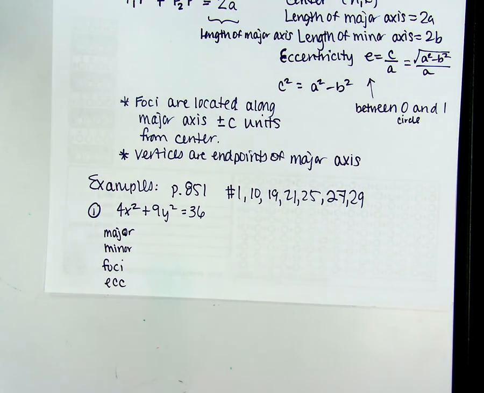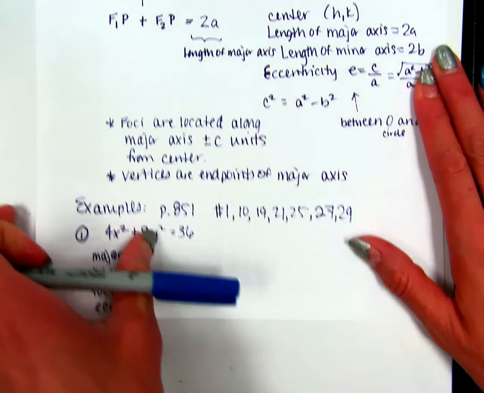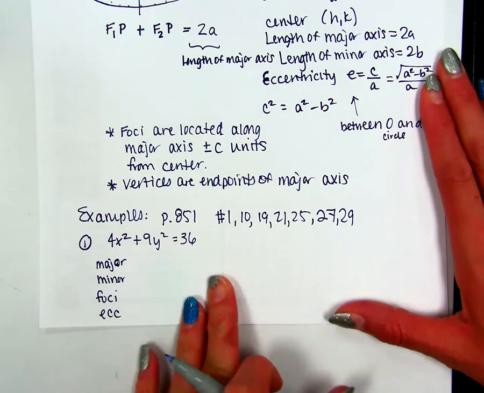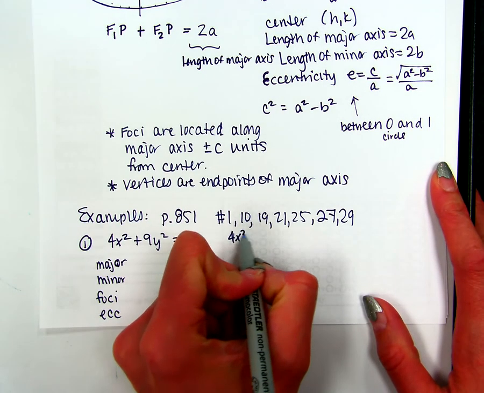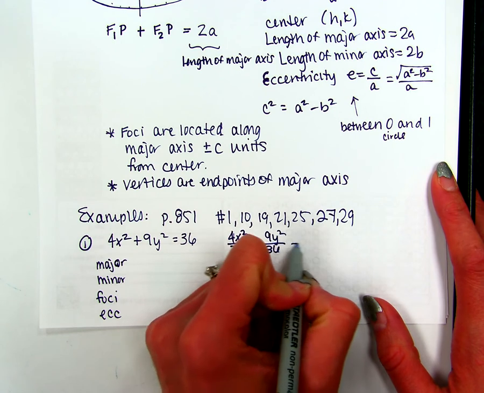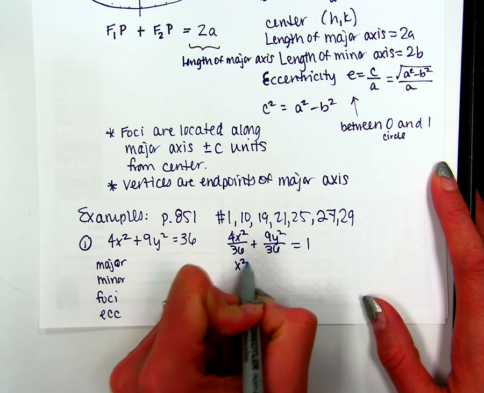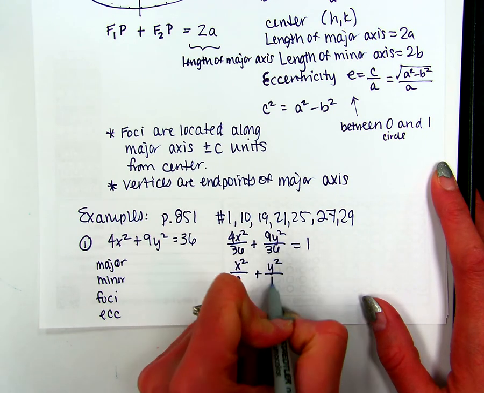Okay, so first off, we need to make sure that we have this in the correct form. So for an ellipse, we want it to be equal to 1. Therefore, we need to divide everything by 36. So we have 4x squared over 36 plus 9y squared over 36 equals 1. And then just reduce. So you get x squared over 9 plus y squared over 4.